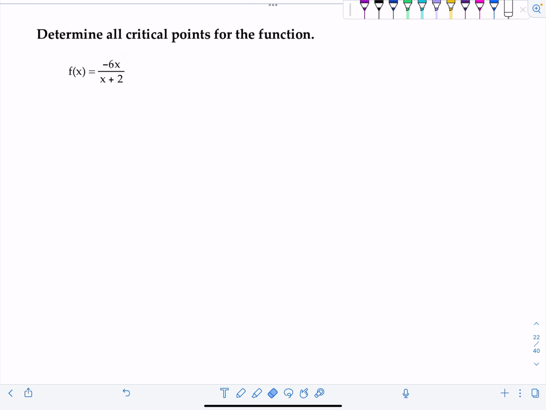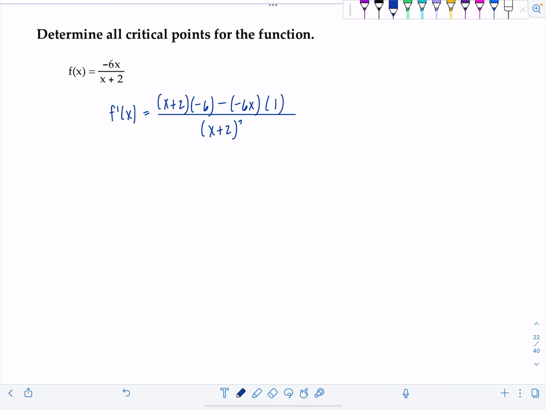Okay. Now, f prime of x, we need to use the quotient rule. So we have low is x plus 2, d high, negative 6, derivative of the numerator, minus high, d low, derivative of the denominator is just 1, over low. Okay, good.